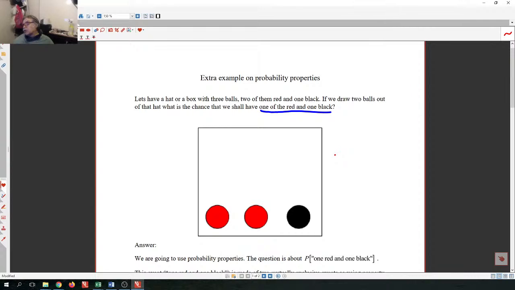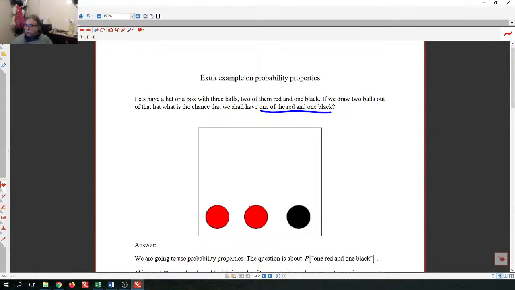Now, if you have a situation in which you can count, how many outcomes can you have when you are drawing two balls? You can get this one and this one, you can get this one and this one, you can get this one first and this one, in that order. So you draw the first one, this ball, and then the second one, this ball, that's one.